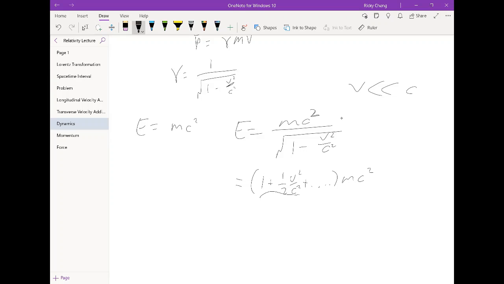So we only care about the first two quantities. If we expand this, we just get that this is equal to mc squared plus 1/2 mv squared. The later terms in the binomial expansion we don't care about because they go to 0 because of the higher power.